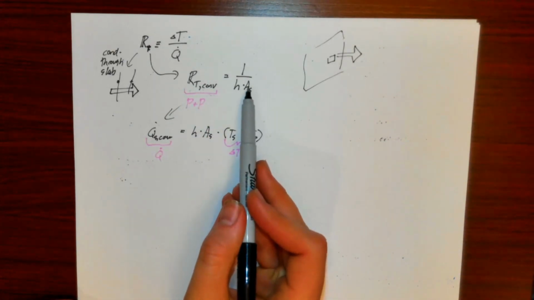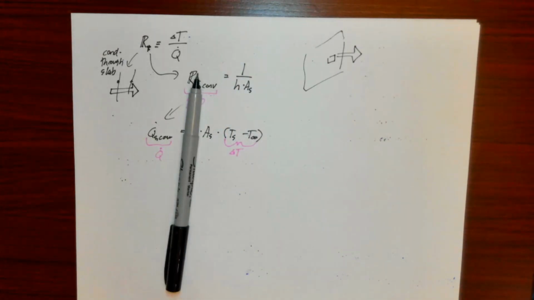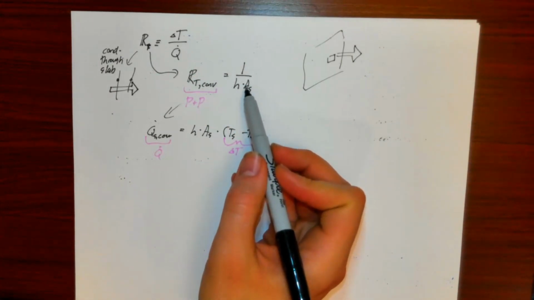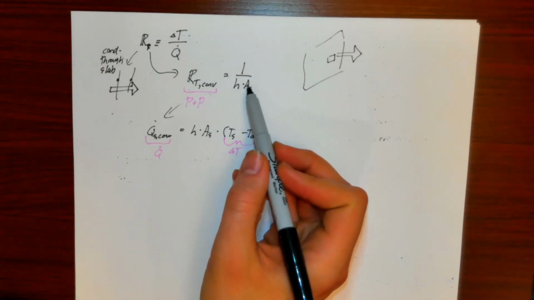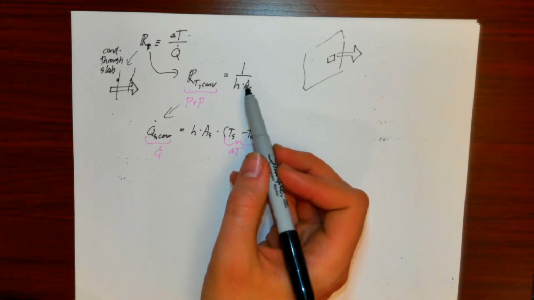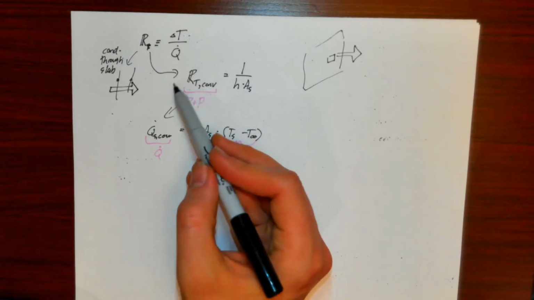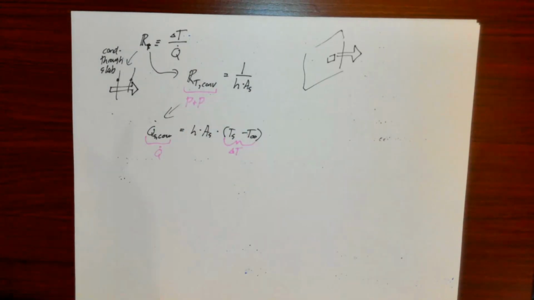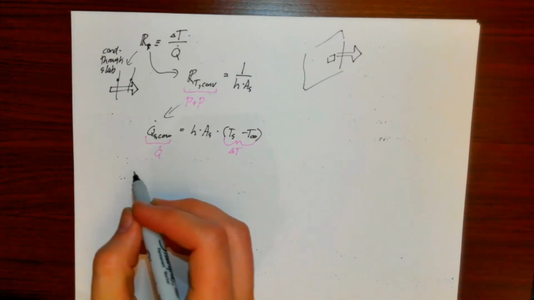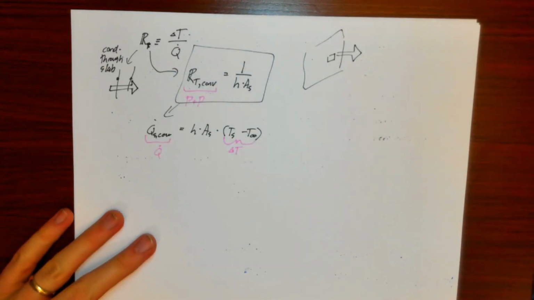This is why, if you're out in the cold, you might bring your arms in and hunch yourself up, or curl up into the fetal position at night, to limit your surface area so your body rejects less heat to the environment. You conserve heat by increasing your thermal resistance due to convection by lowering your surface area. That's why you huddle up when it's cold. So this is thermal resistances.